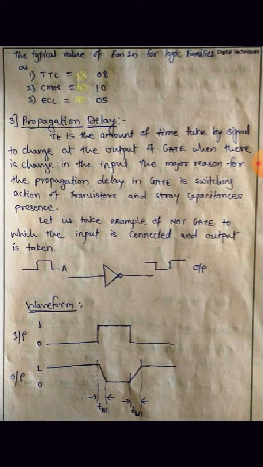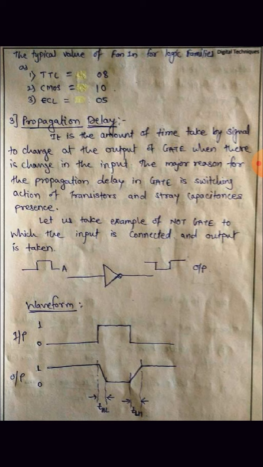Here we take an example of an inverter, that is the NOT gate. Theoretically we can say that when the input is 0, the output is 1 for the NOT gate, but some time is required to change from 0 to 1 or 1 to 0. We call it the propagation delay.